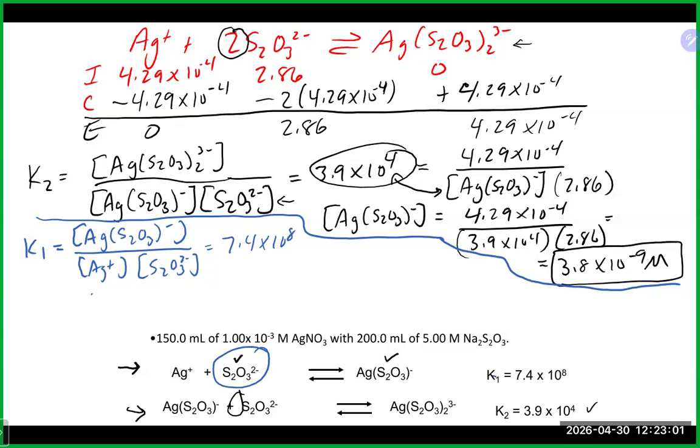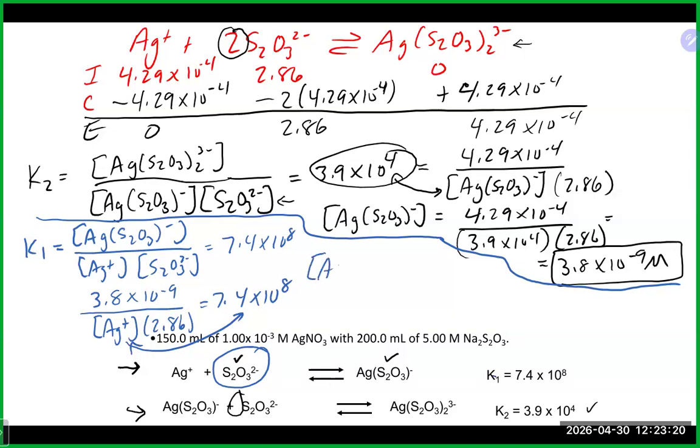We're going to take our 3.8 times 10 to the minus 9 divided by our silver, our 2.86 equals 7.4 times 10 to the 8. Once again, here we're going to swap spots right there. That's going to yield me a silver concentration of 3.8 times 10 to the minus 9 divided by 7.4 times 10 to the 8 and 2.86.